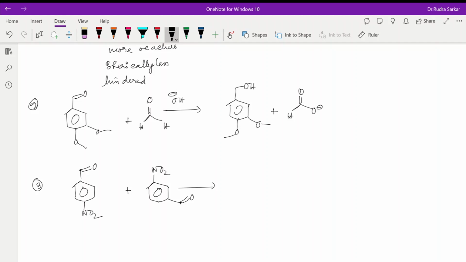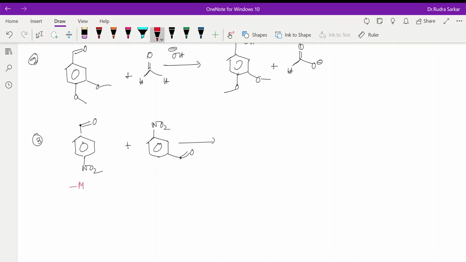Is it the carbon that is attached para to the nitro group, or is it the carbon of the carbonyl that is attached meta to the nitro group? Okay, so we know from the para position minus M and minus I will be operating, and from the meta position only minus I is operating. So obviously it is this carbon that is more electrophilic, and obviously attack will happen over here. So if you give OH, OH will now attack this carbon.